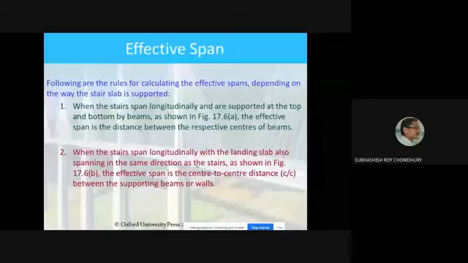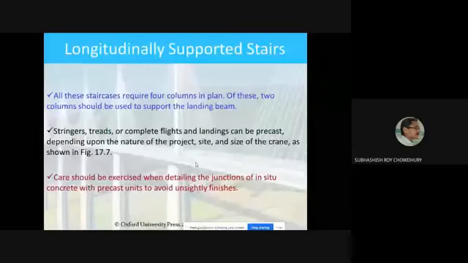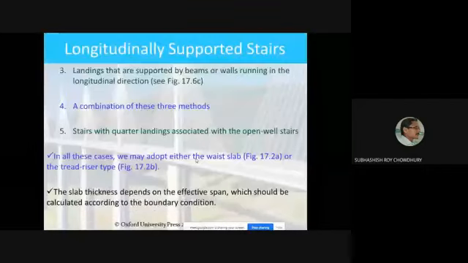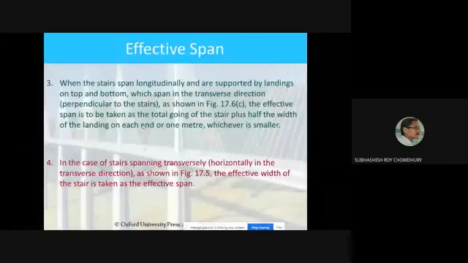I have already shown this figure. This is the effective span, and I have already discussed what the effective span will be in other cases with reference to this figure.